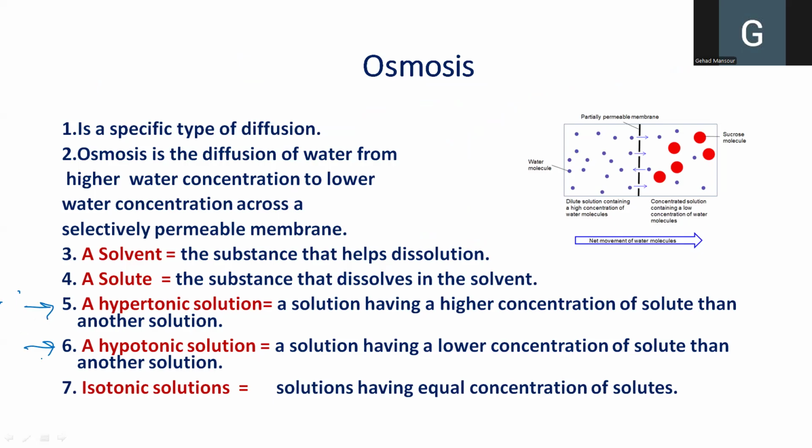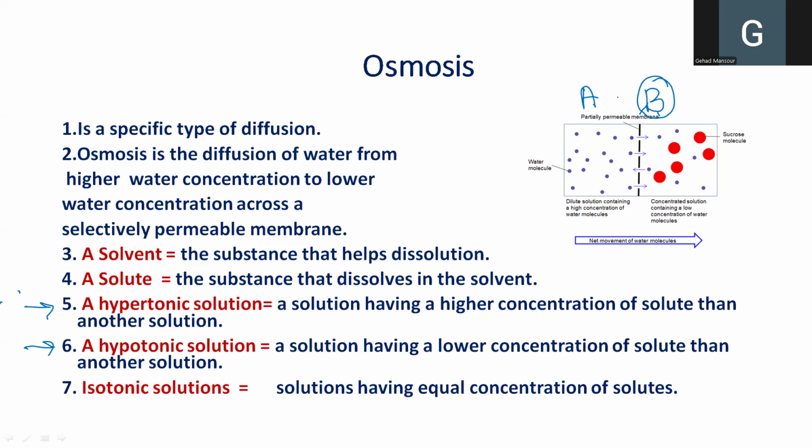A hypertonic solution is a solution that contains more solute particles than the other solution. So for example, if this is solution A and that is solution B, then definitely solution B is hypertonic in relation to solution A. Meanwhile, solution A is hypotonic to solution B.